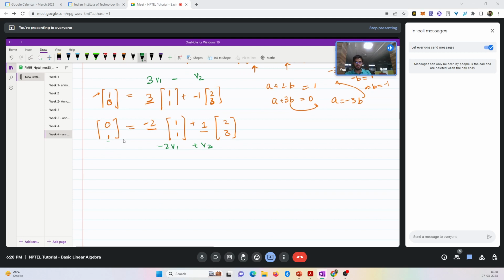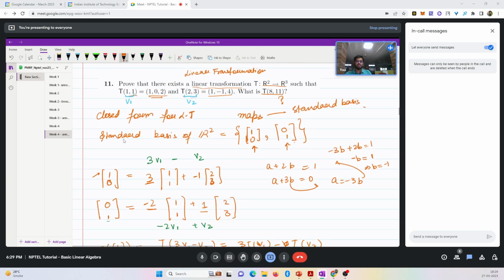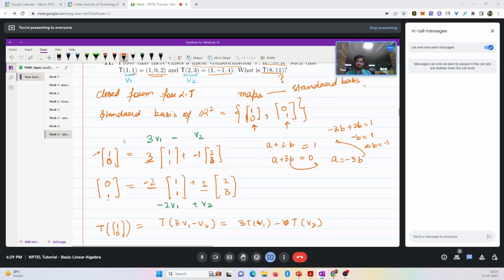Now what we are trying to do is use the property of linear transformation. So we want to find T(1, 0). This is T(3v1 - v2), which is 3 times T(v1) minus T(v2). Right. So what is T(v1)?